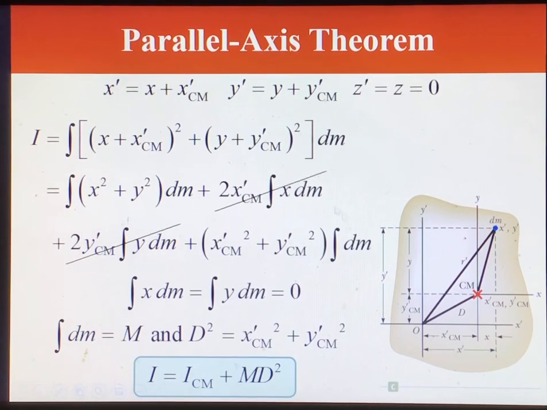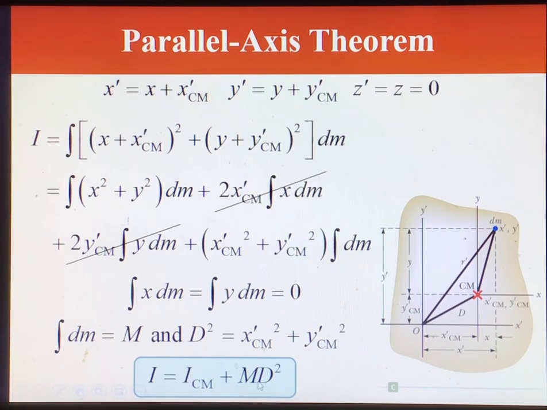Instead, I'm going to write down the final result. So the final result tells me that the I value about the new axis is the I value about the center of mass plus the mass times the square of the distance d, where d is the distance between the two axes.